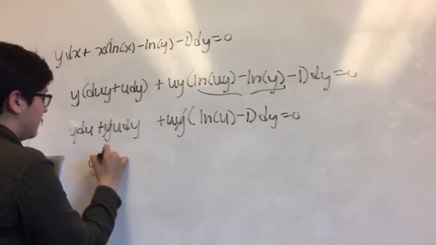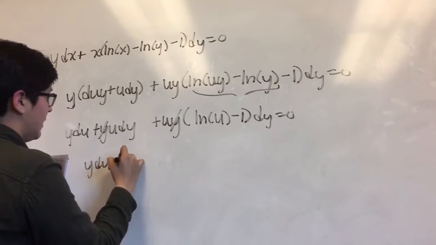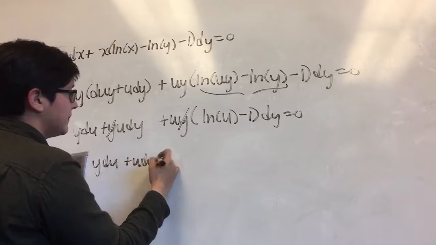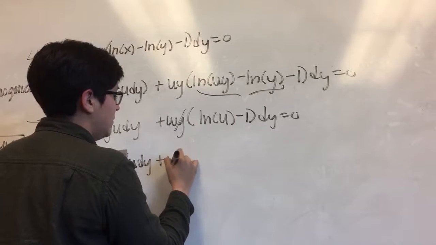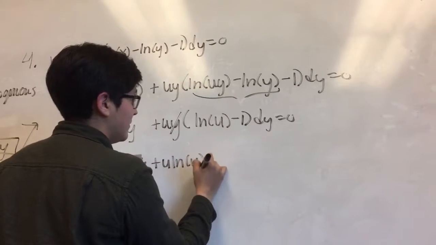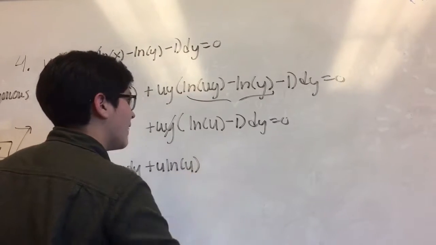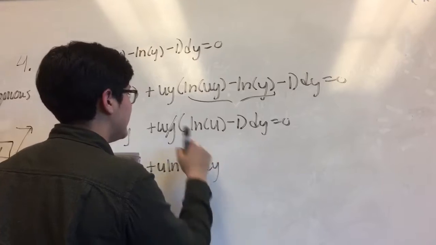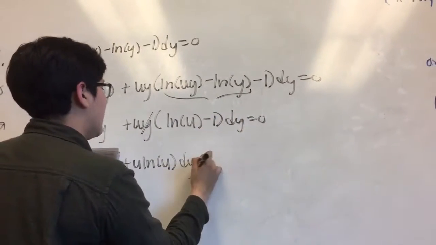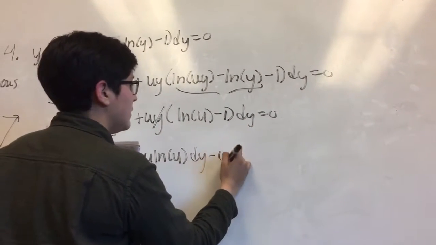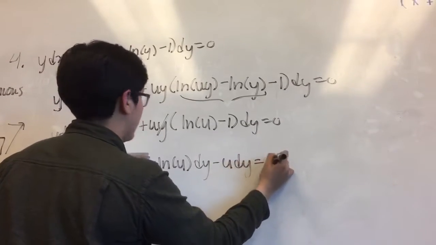So now we have y du plus u dy plus u ln of u minus, oh sorry, I forgot my dy. dy, because we have to distribute to both, minus u dy equals 0.